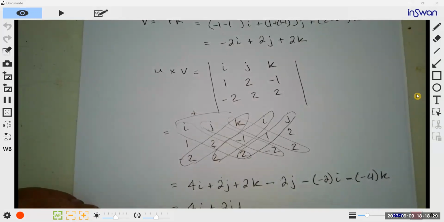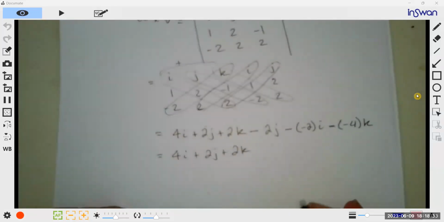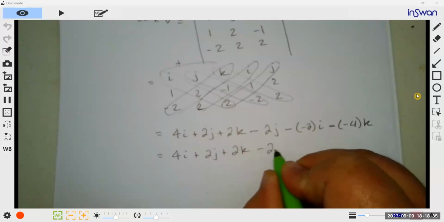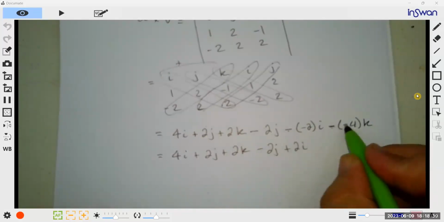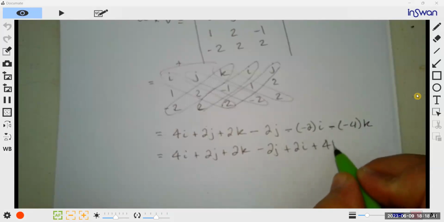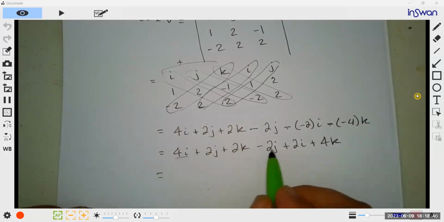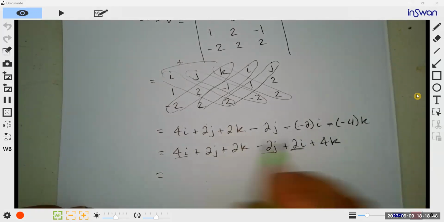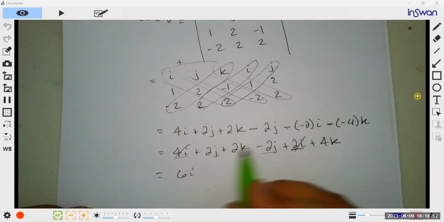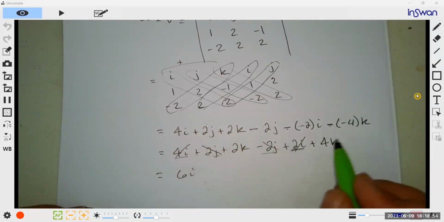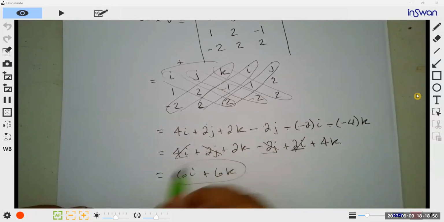4i plus 2j plus 2k minus 2j plus 2i, those plus 4k. 4i plus 2i is 6i. 2j minus 2j cancel. 4 plus 2 is 6k.